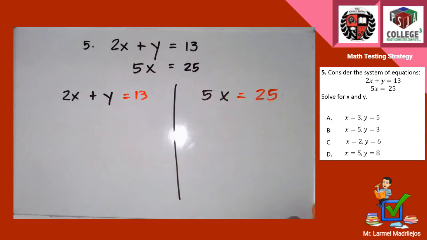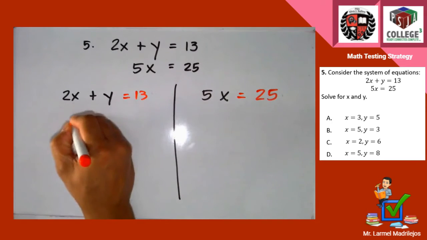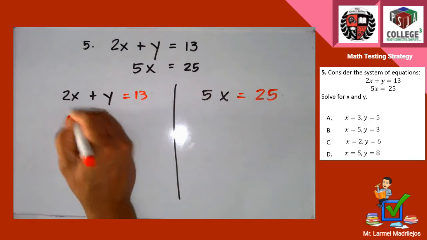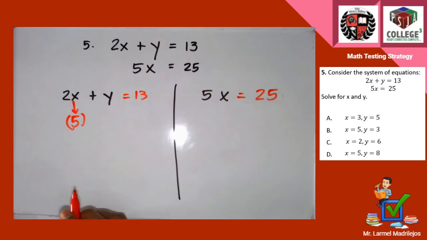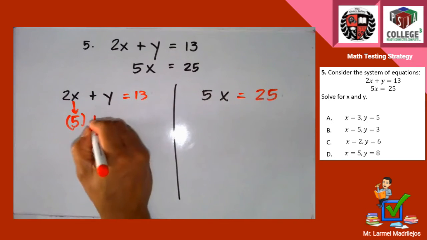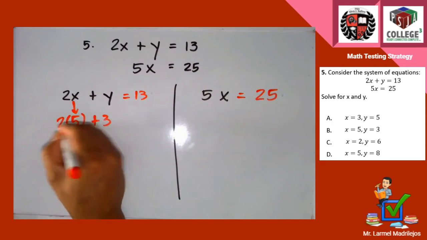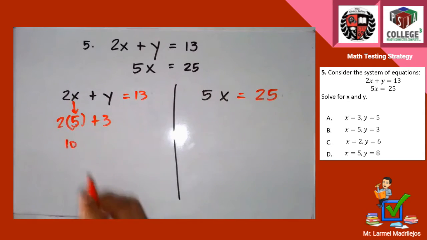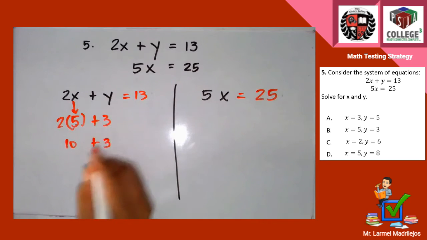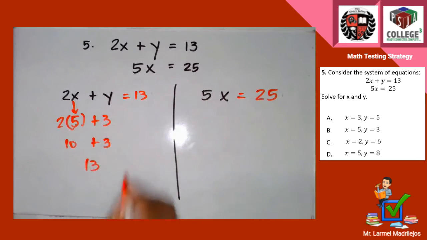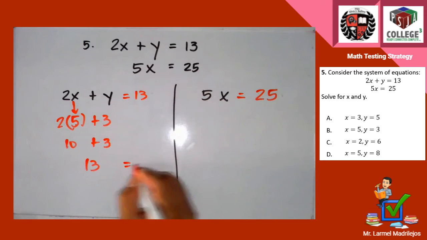Okay. Choice B, x is equal to 5 and y equals 3. Now multiplied, 2 times 5 is 10, plus 3 is equal to 13. Now this answer is equal.